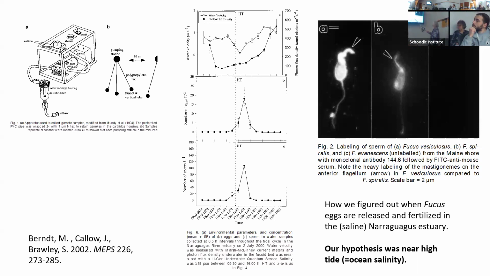And what we found by wiring things up too is that the photon flux density, in micromoles per meter squared per second, was of course high at the beginning and end of the incoming tide because the bed was exposed. Our hypothesis was that the gametes would be released near the highest point of high tide. Anyone have any idea why that was our hypothesis? High salinity?